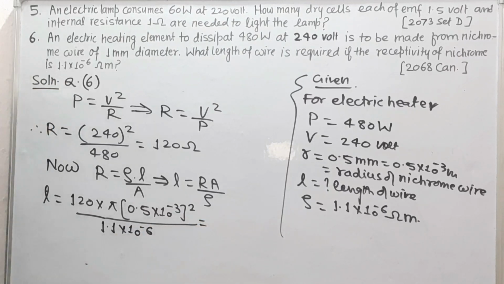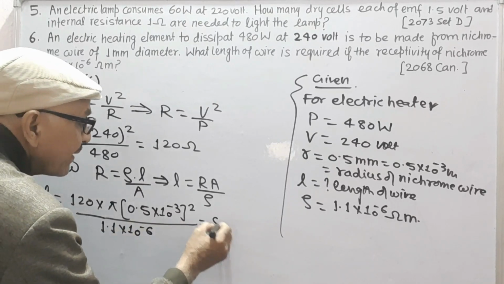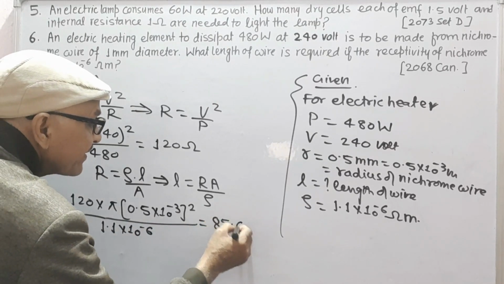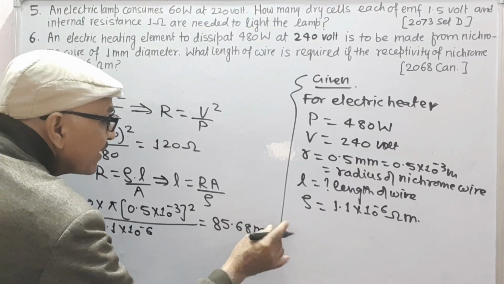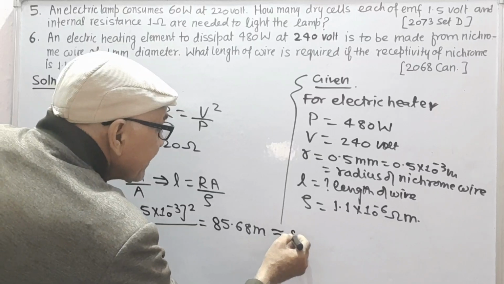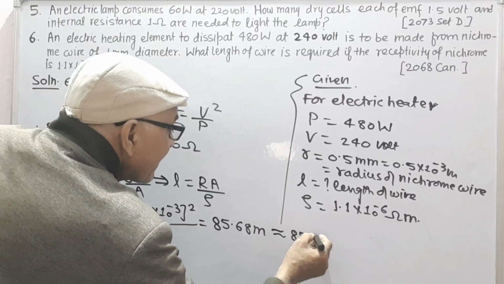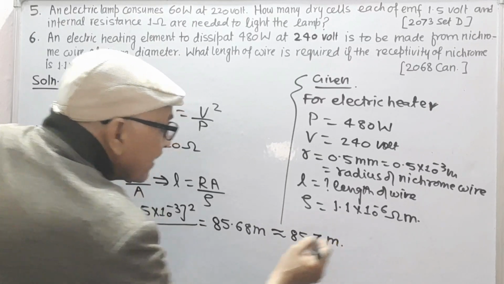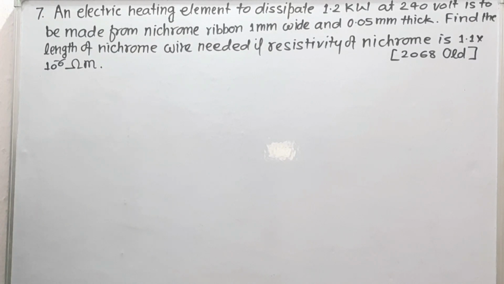On simplification we get the required length as 85.68 meter, which is nearly 85.7 meter.